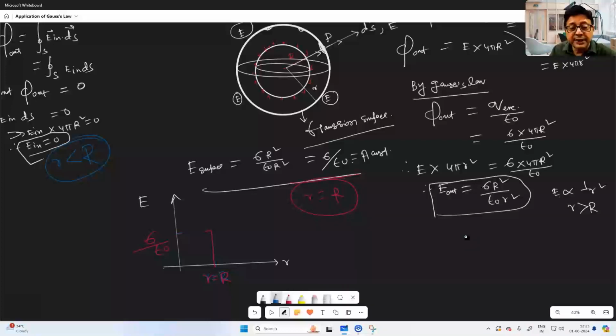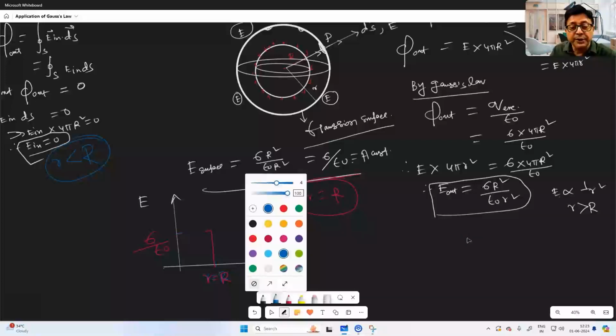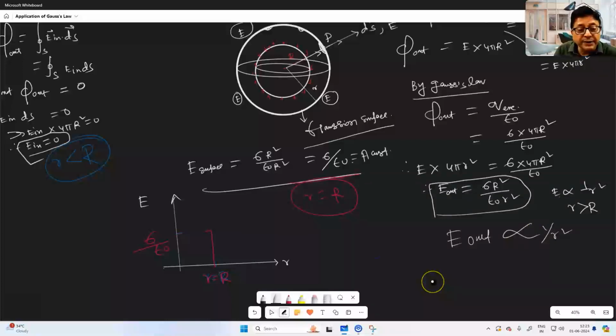Here, E out is going to be proportional to 1 by r square. It means it falls rapidly. The graph will be in accordance with these three parts. At this part it is constant and then it goes on decreasing rapidly.